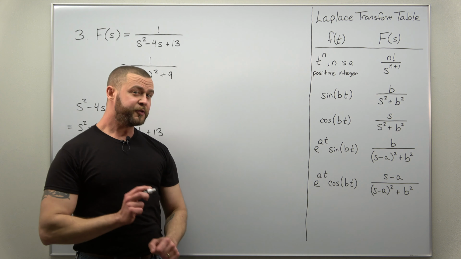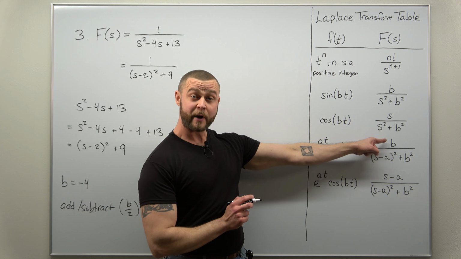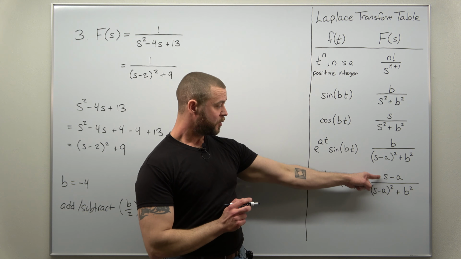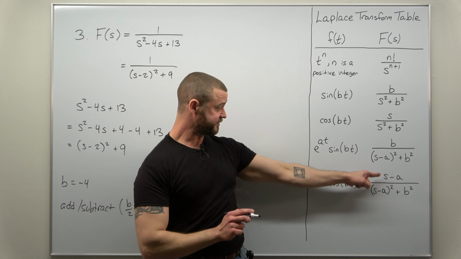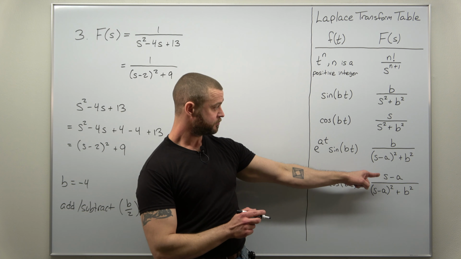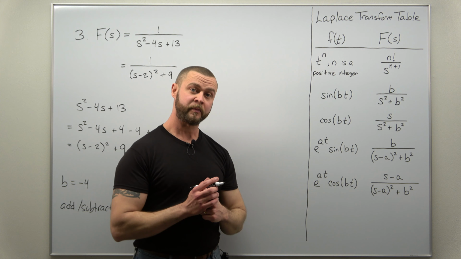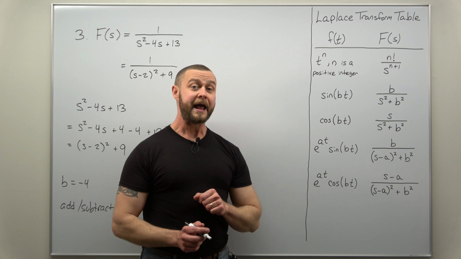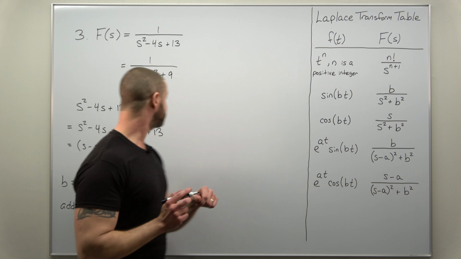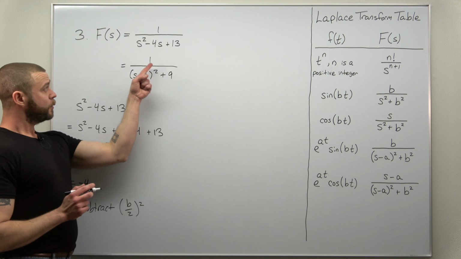And again, be careful with your numerators. You either have a constant b or an expression involving s minus a. And since we have in our numerator 1, we're going to try to identify it as this one. Now, like happened in the first 2 problems, we're missing a factor in the numerator. We know what to do in this case. We're going to multiply by 1.